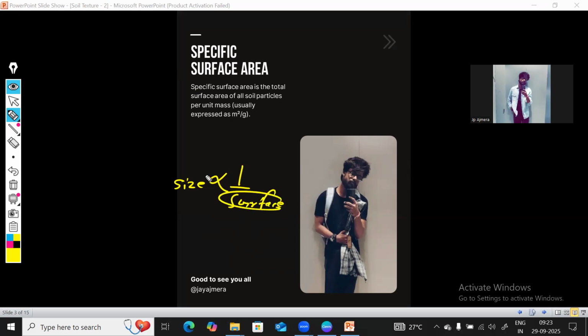If size increases, then surface area decreases, right? They are opposite to each other.